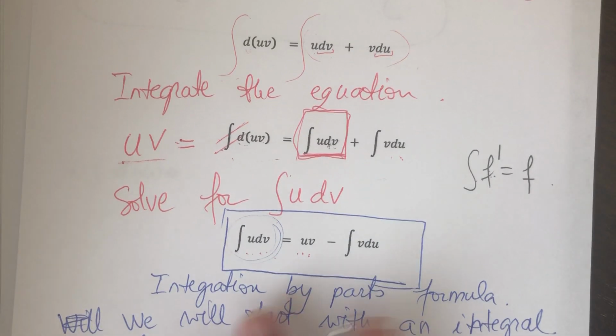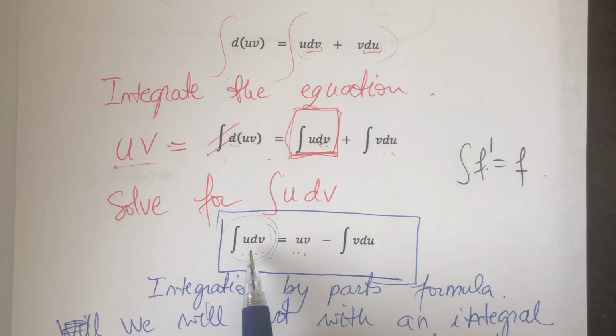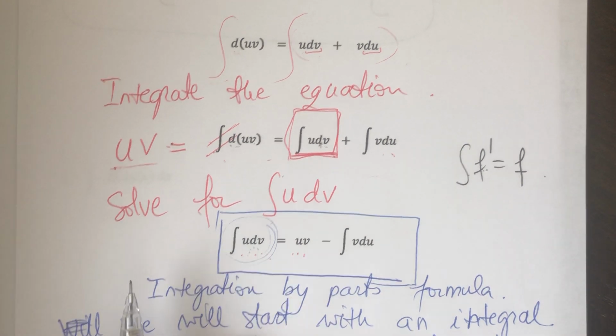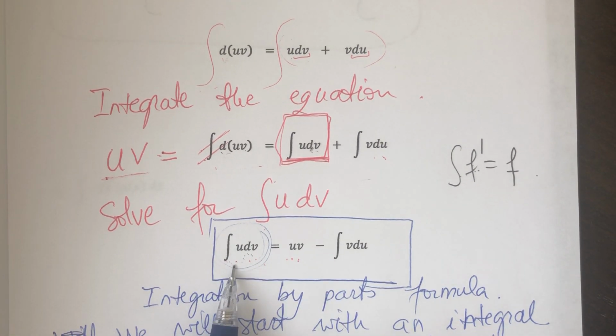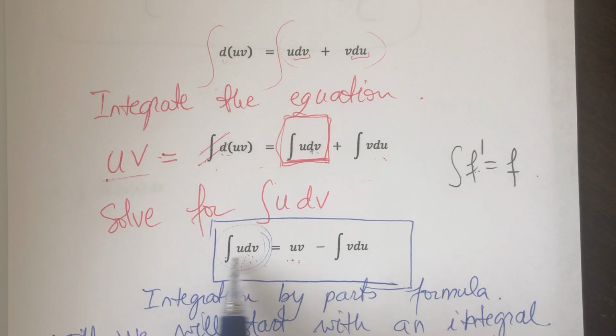So as you notice from this formula right here, which is exactly the same thing I wrote, except instead of v prime, I wrote dv. What's going to happen in this formula is that we're going to be starting with an integral, yes? And then in that integral, we will see a product. And we're going to turn that into some product of two functions, that's going to be some term that we now have, minus a different integral.